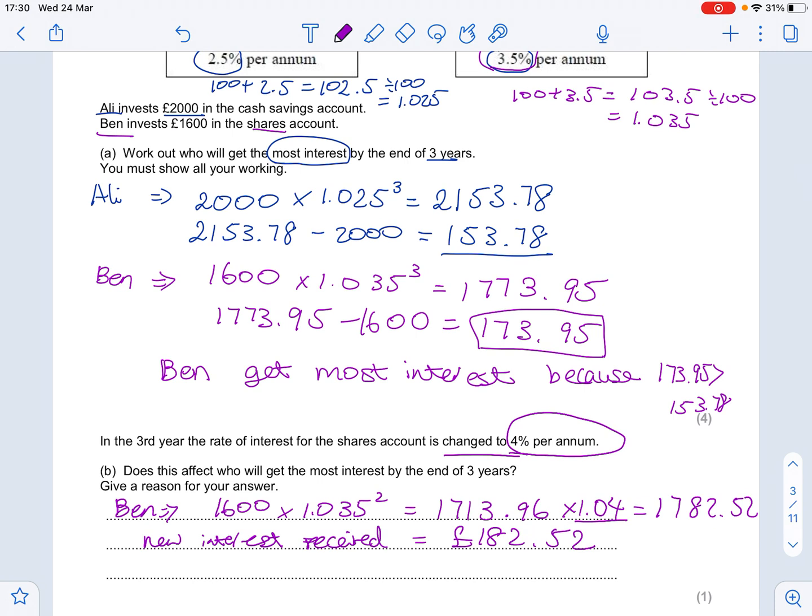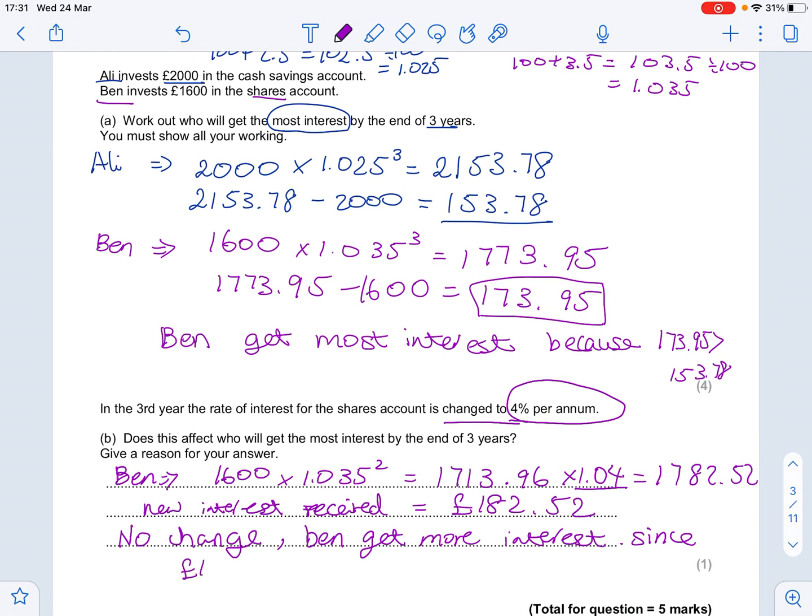And you must state a conclusion that there is no change, that Ben still gets more interest, since 182.52 is still greater than Ali's.